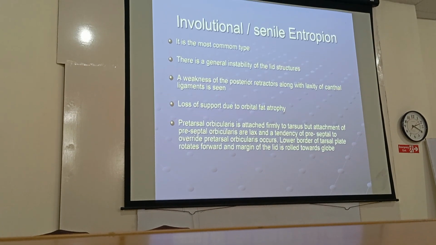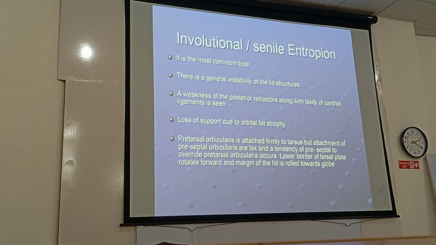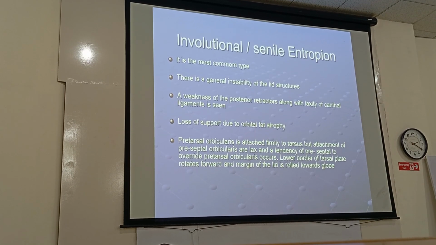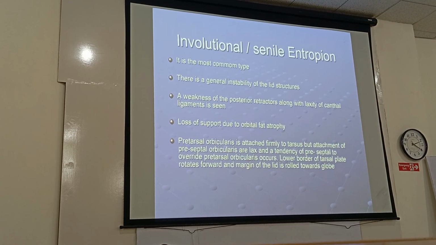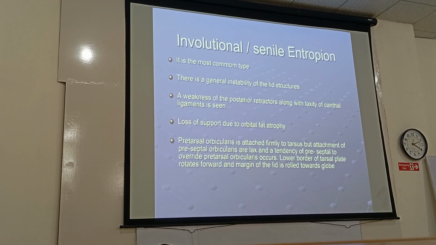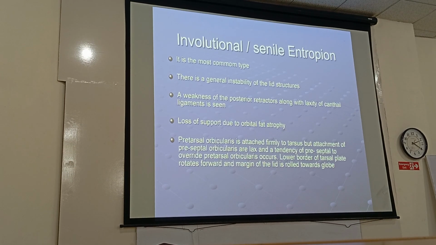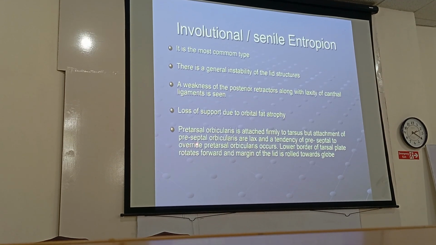With the passage of time, atrophy of all the structures occurs, including the fat, and it also contributes towards instability of the eyelid and ultimately either entropion or ectropion. You will understand this well when you see a picture which I might show you in the next lecture, but let's read it.